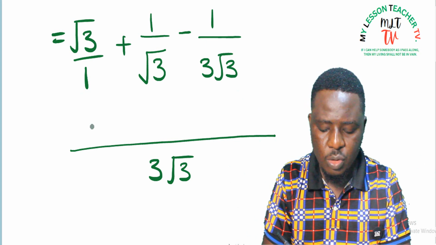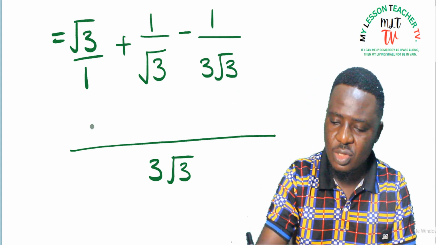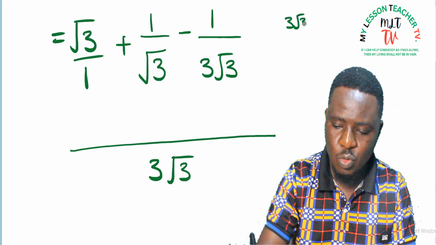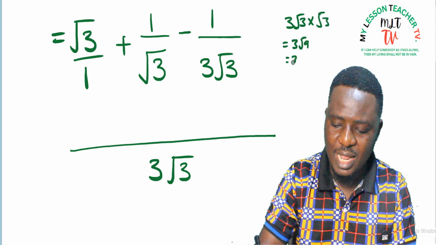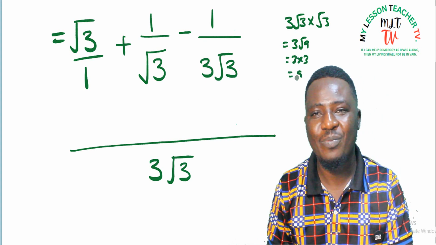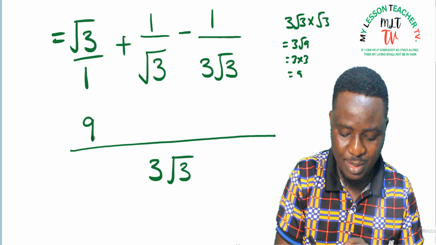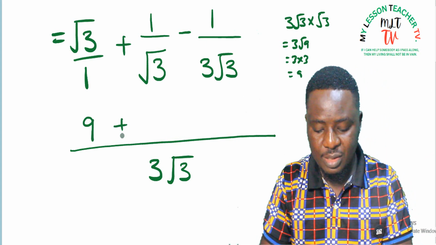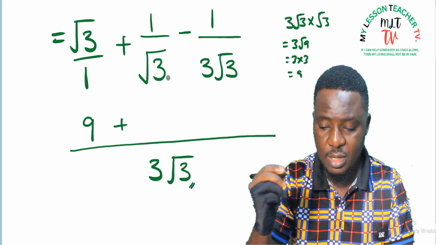Okay, so 3 root 3 divided by 1 is 3 root 3, and 3 root 3 times root 3 will give us 3 root 9, which is equal to 3 times 3, and 3 times 3 is 9. So the new numerator is said to be 9 plus 3 root 3 divided by root 3.